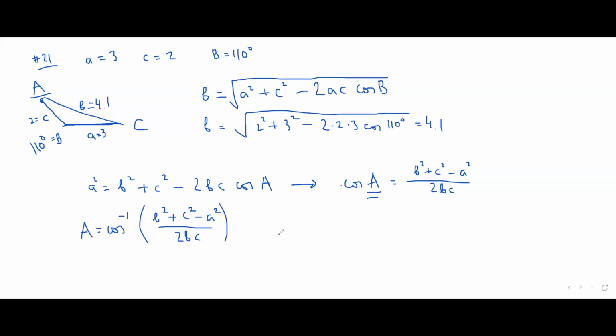So looks like this way I can actually find the number that corresponds to this. So I'm gonna go with the B squared, which is 4.1 squared, plus C squared, which is 2 squared. And I need to subtract from this A squared, which is 3 squared, and divide this by 2 times 4.1 times number 2.